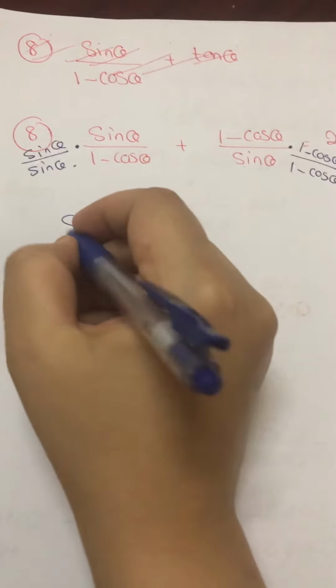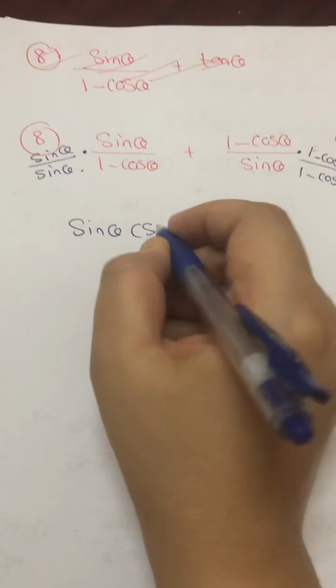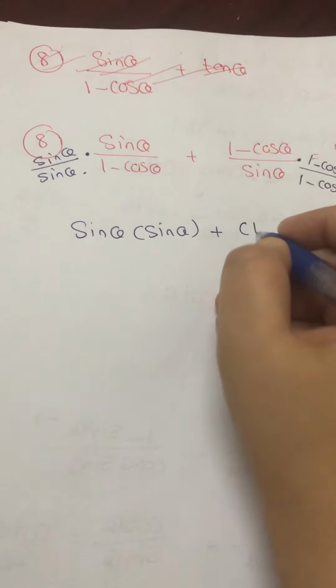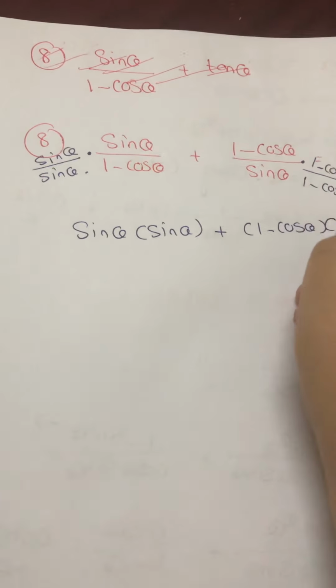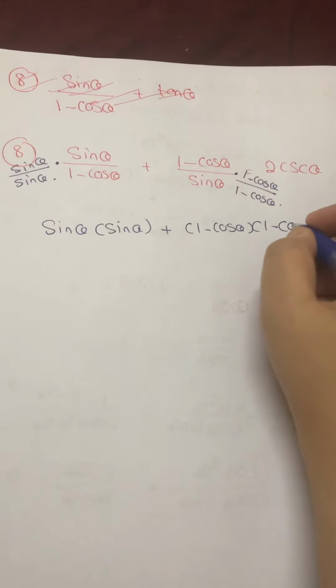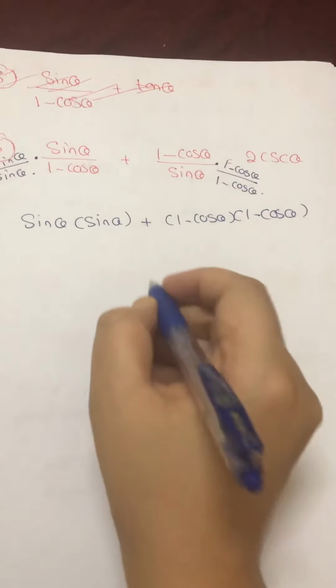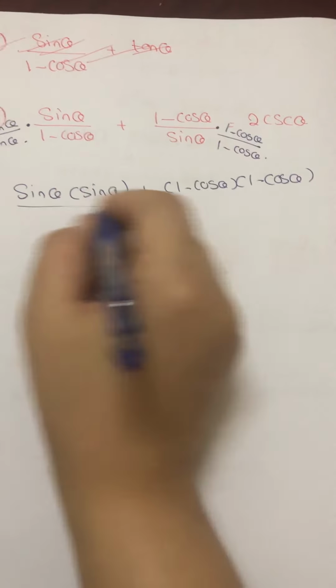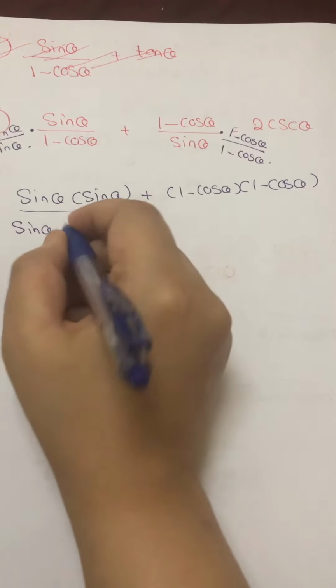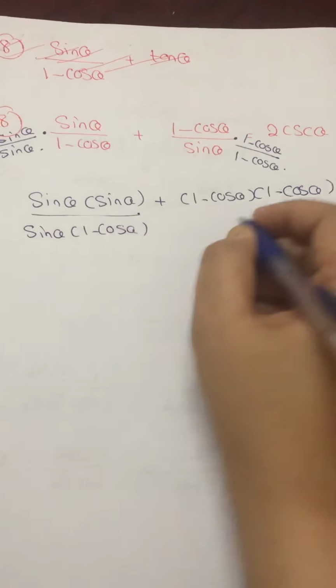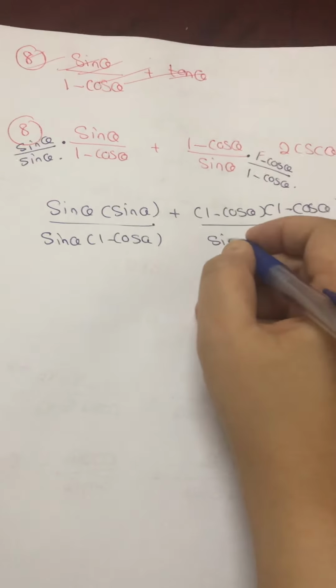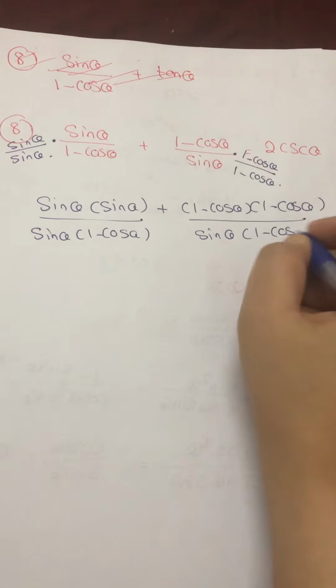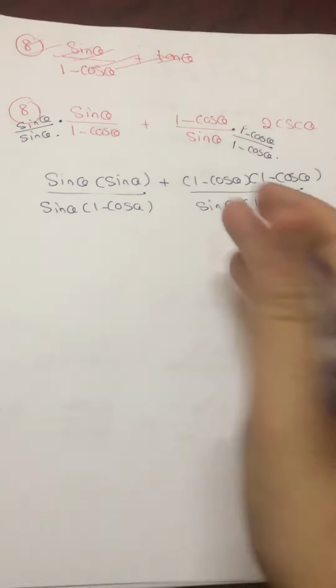So here I'm going to have sine theta times sine theta plus 1 minus cosine theta times 1 minus cosine theta, and here I'm going to have sine theta times 1 minus cosine theta, and here sine theta. This is how I made equal denominators, so I can add.